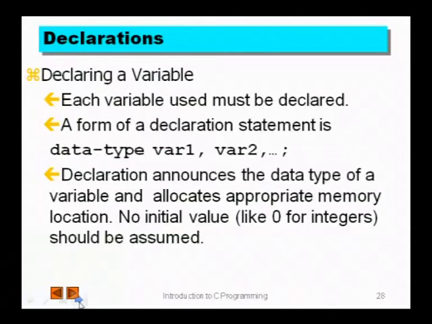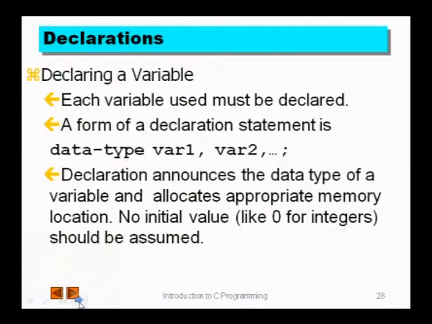And no initial values should be assumed. Suppose I declare integer i, then i is not equal to 0 there. You can initialize it to 0, but you cannot assume that the value of i is equal to 0.